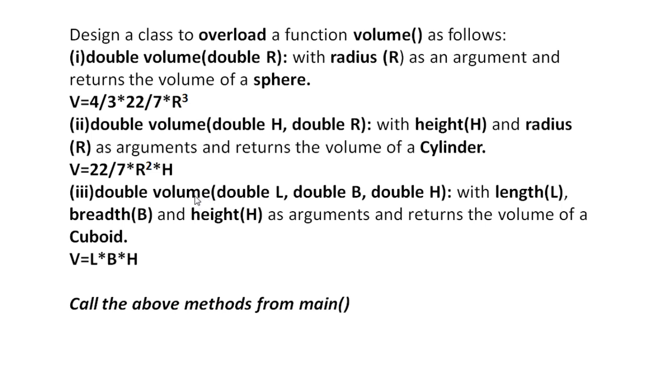So this is a must: in method overloading the method name would be the same, but the parameter list, that is the formal parameter list, would be different. Here I have one parameter, here you have two, here you have three. Now this may differ in the number of variables or it may differ in data types.